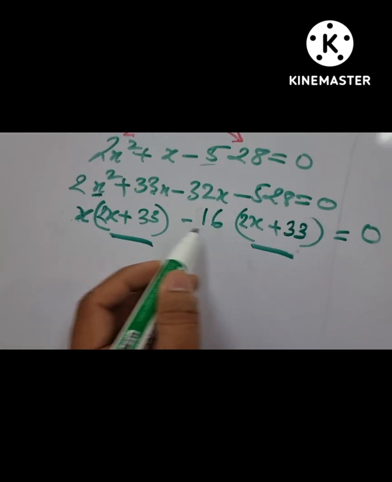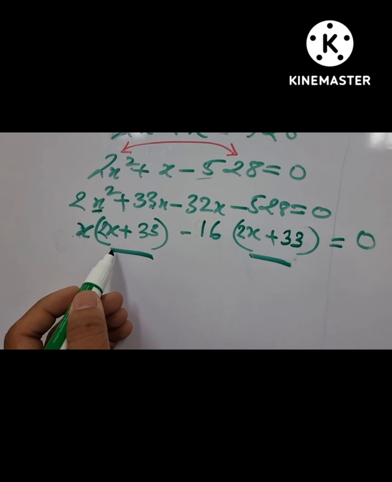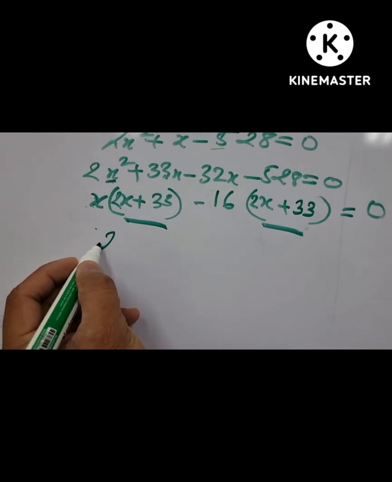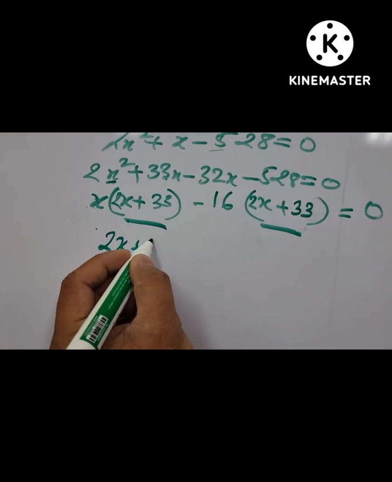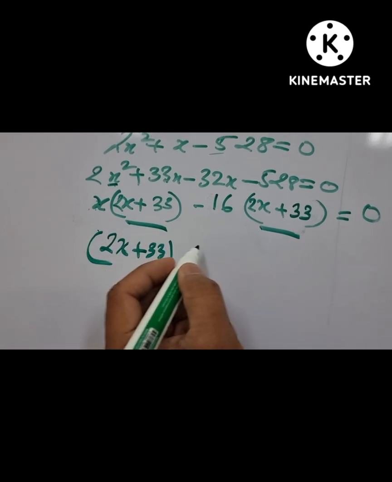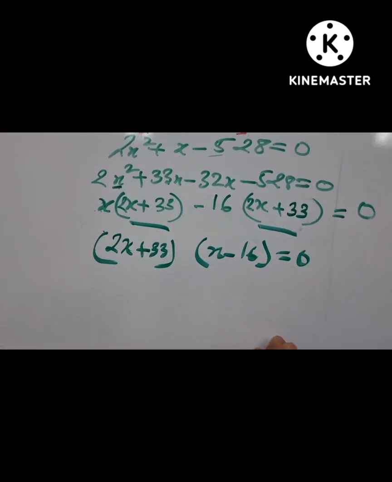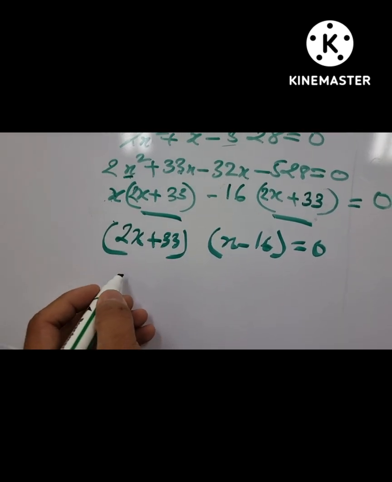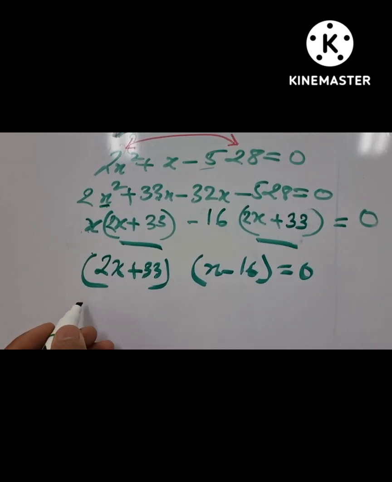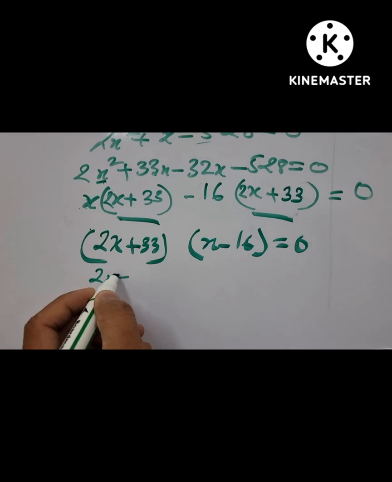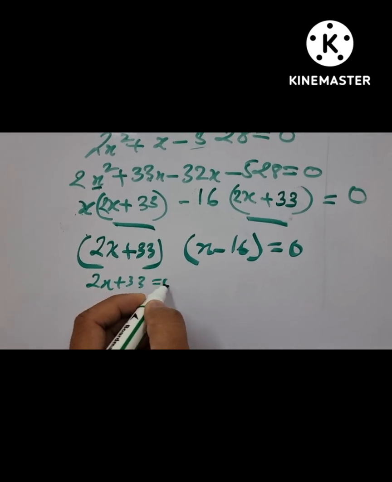Okay, so now you can see these two things are common over here, so we can write 2x plus 33 and x minus 16 equals 0. So we can write one by one. Let's say 2x plus 33 equals 0.